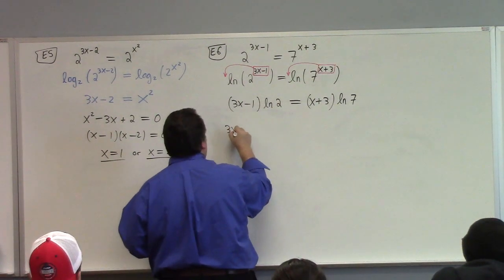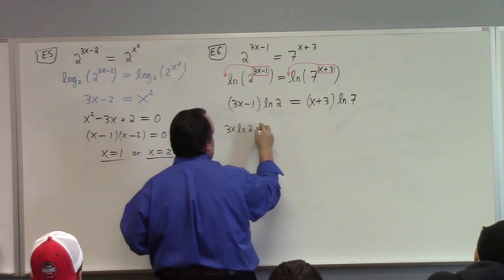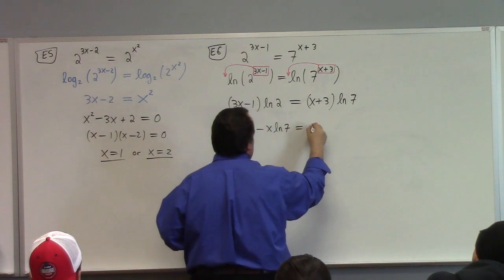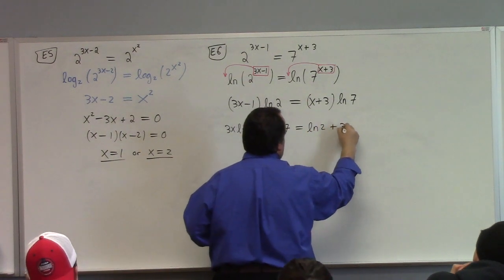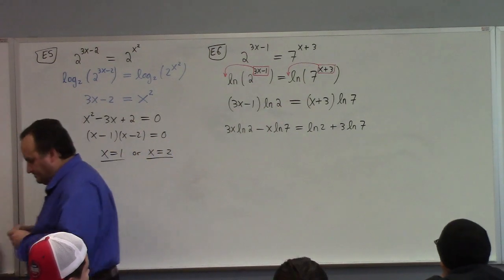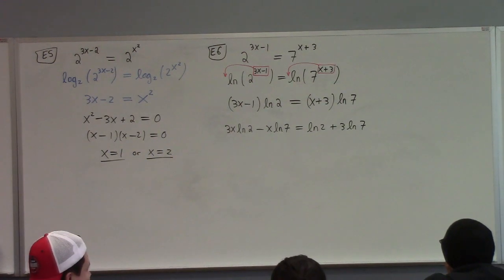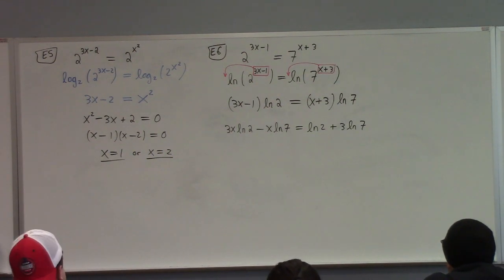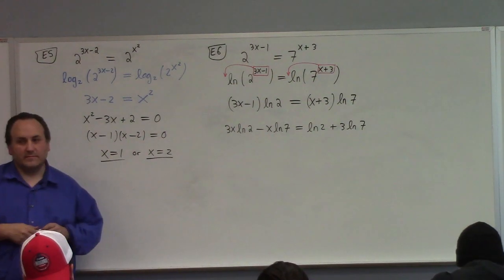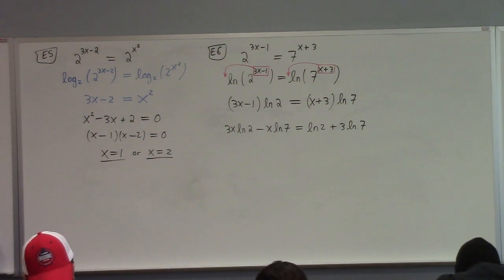So you get 3x log 2 minus x log 7 is equal to the log of 2 plus 3 times the log of 7. It's just take all your x's and put them on one side, and take all the things without x's and put them on the other side. Then factor x out.